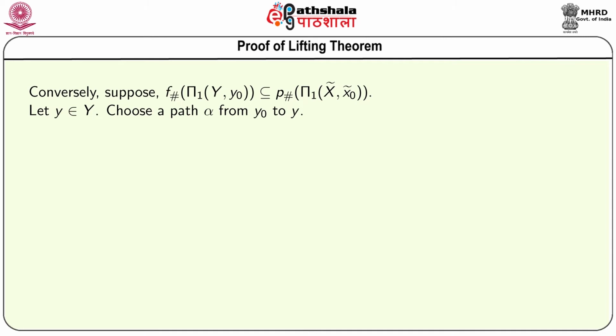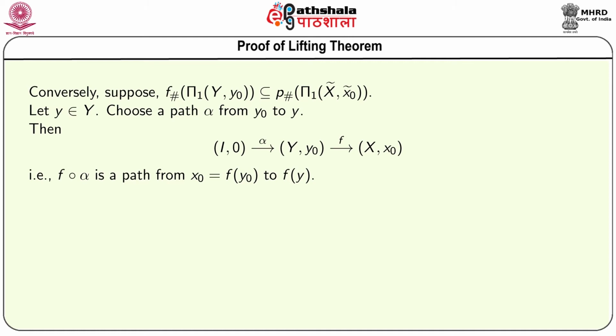We choose any point y from capital Y and choose a path alpha from y0 to y. Then alpha is a function from I to Y and f is a function from Y to X such that alpha sends 0 to y0 and f sends y0 to x0. Therefore, f composed alpha is a path from x0, which is f y0, to f y.